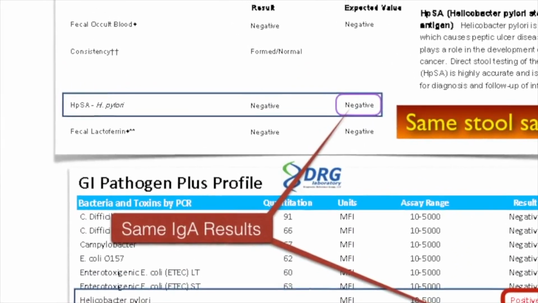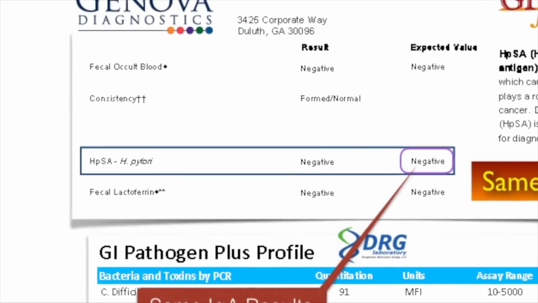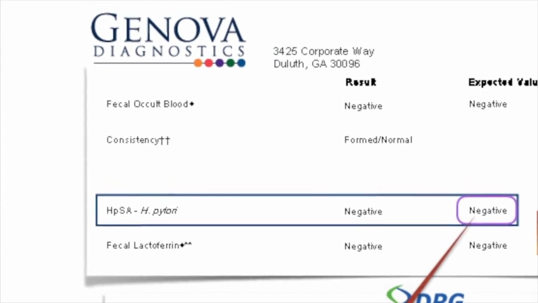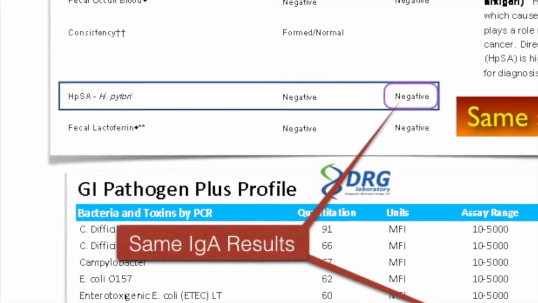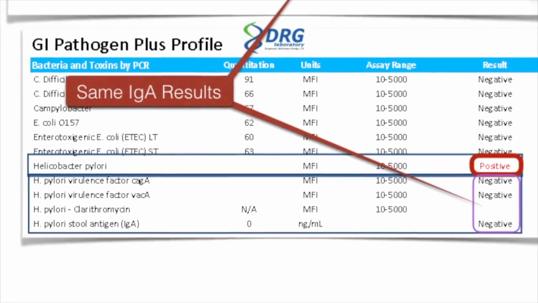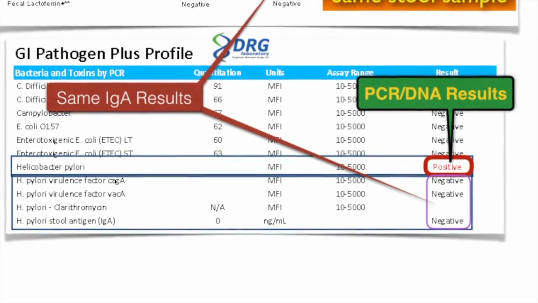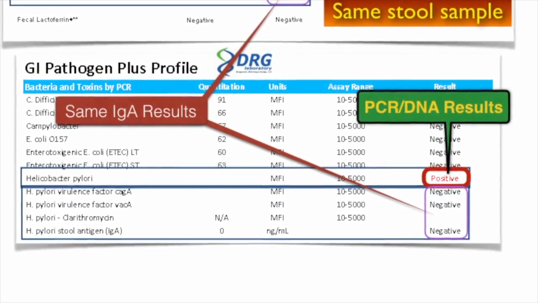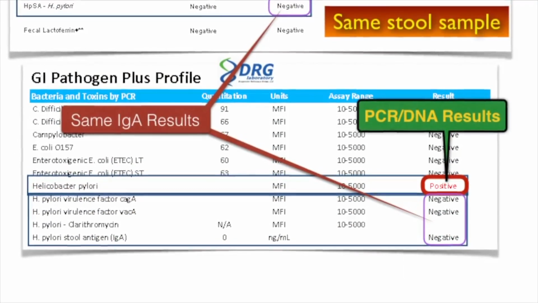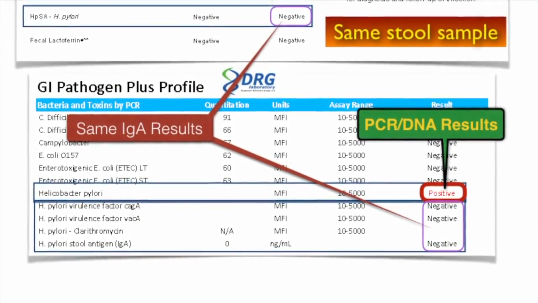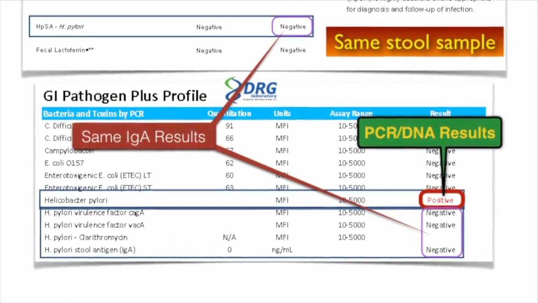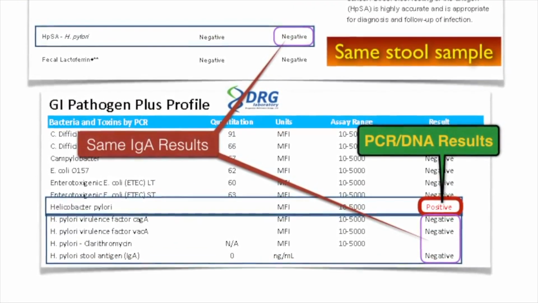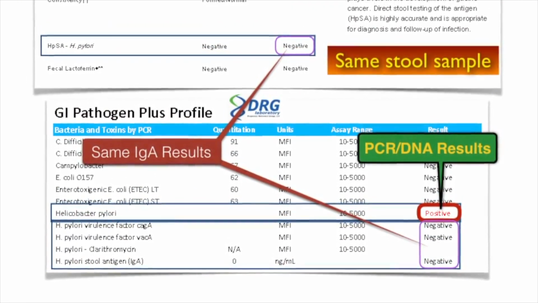The elimination of PCR testing virtually eliminated the finding of H. pylori. Fortunately, DRG Labs is now doing PCR testing to replace what Genova eliminated. As you can see in these test results from the same stool sample, H. pylori IgA testing is negative, while PCR testing from the DRG labs is positive.